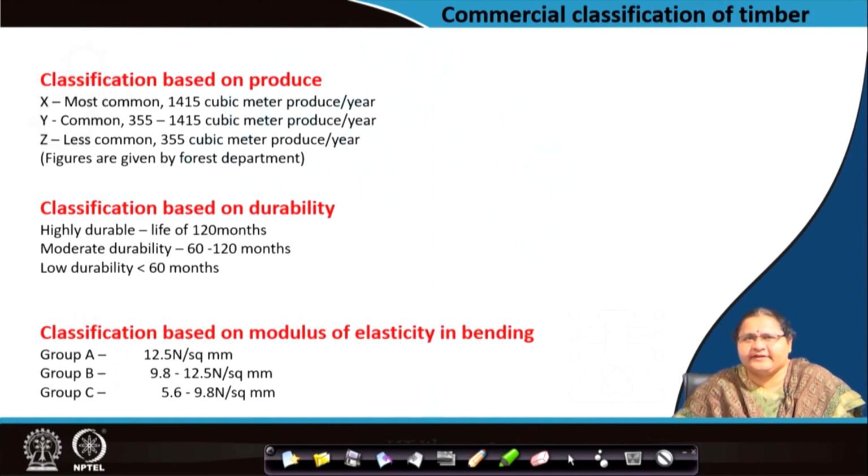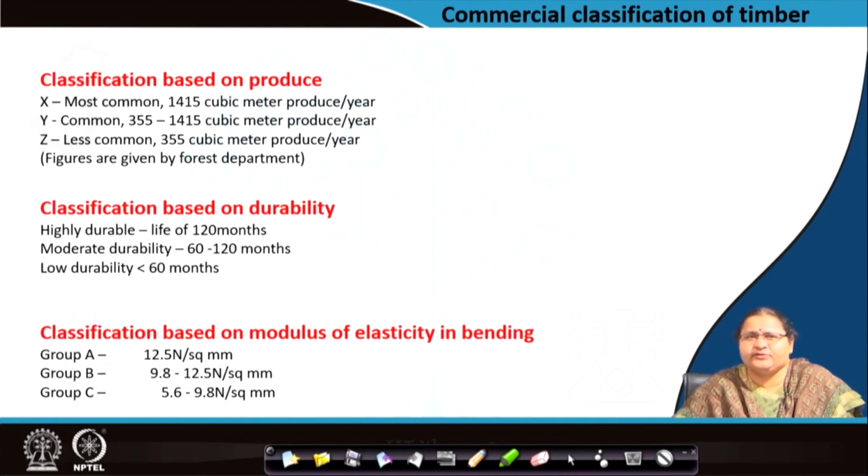These are not very recent figures, it may have changed, but it is based on some figure based on the produce. Y grades are the mid order growth, mid order produce, and Z grade is less common, not much yield.